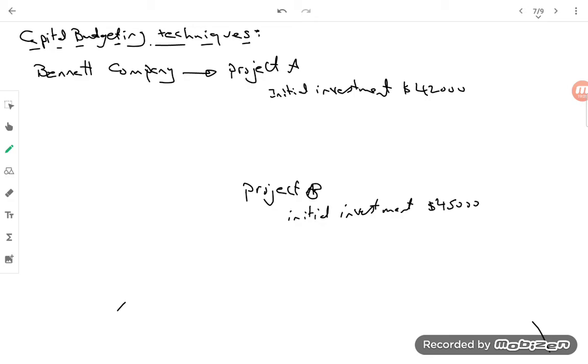The expected cash inflows for this firm, or the return from these projects within these 5 years, will be, in case of Project A, 14,000 for years 1, 2, 3, and 4.